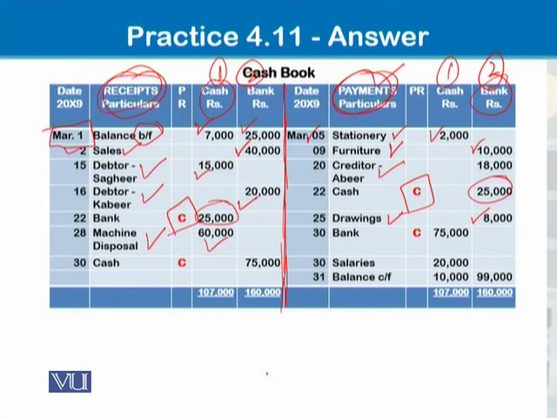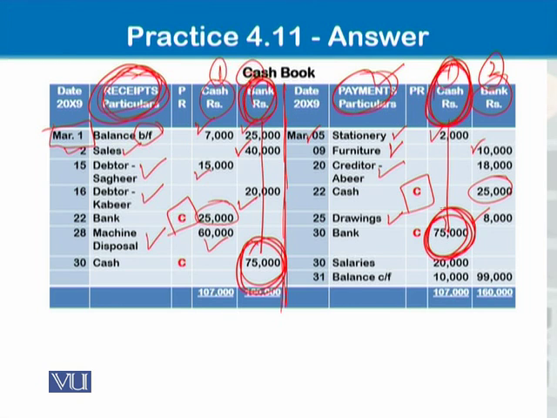We have deposited cash into the bank. So bank balance is increasing because of this 75,000 in the receipt side. Got it? Yes. And since we are depositing cash, it would be reducing our cash balance with 75,000 in the payment side.